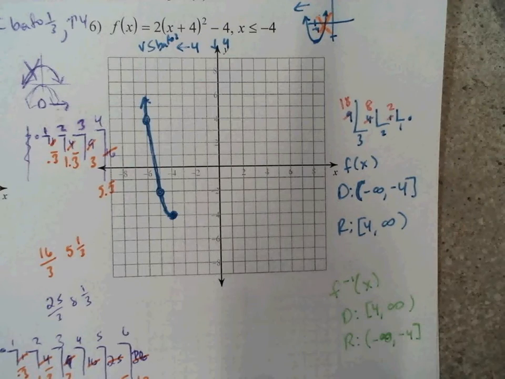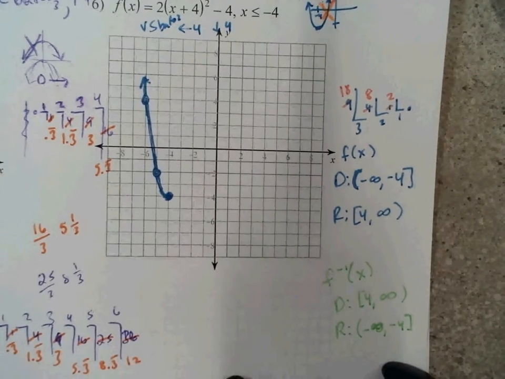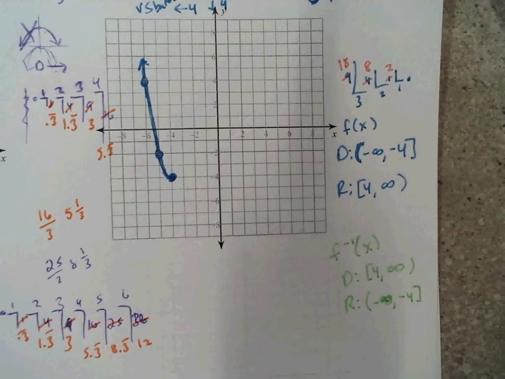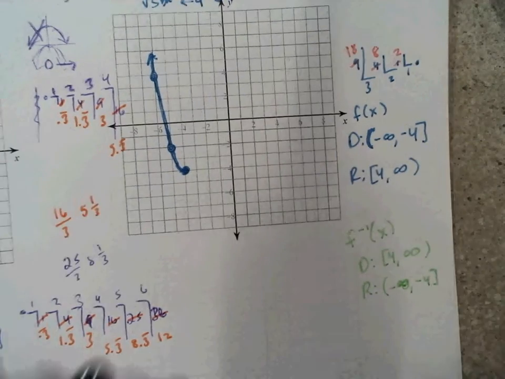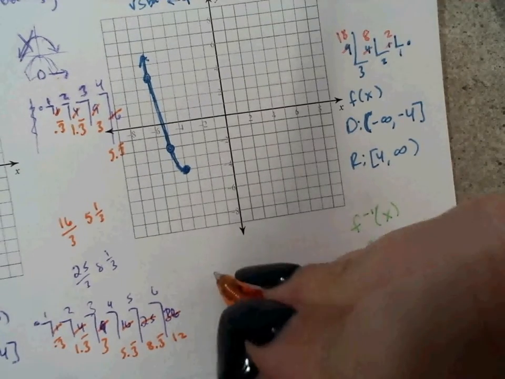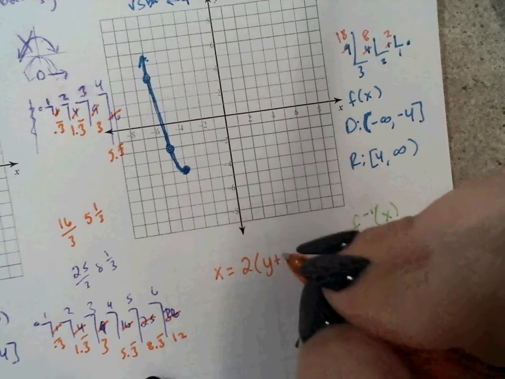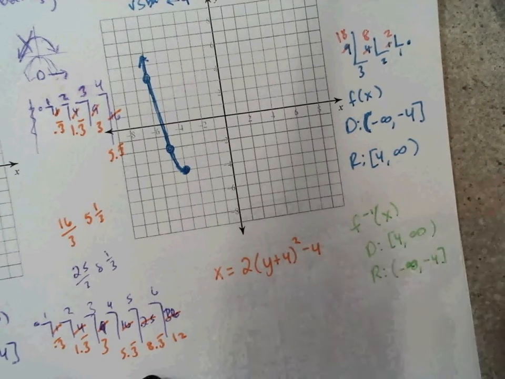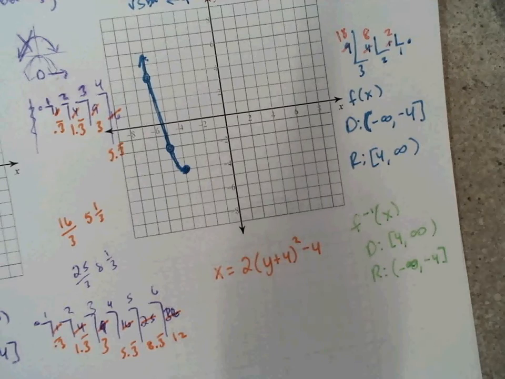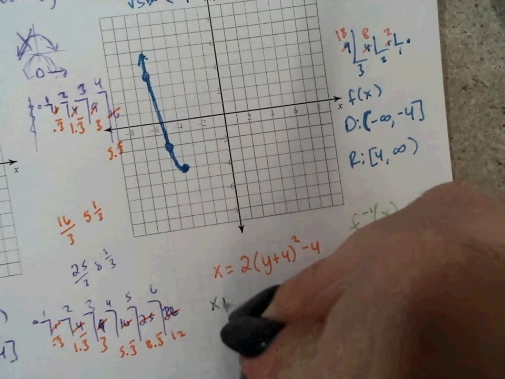So remember, the range of your inverse is the revealing part as far as which square root you're dealing with. So if we find the inverse, so x equals 2 times (y plus 4) quantity squared minus 4. Then we're going to add the 4 over.